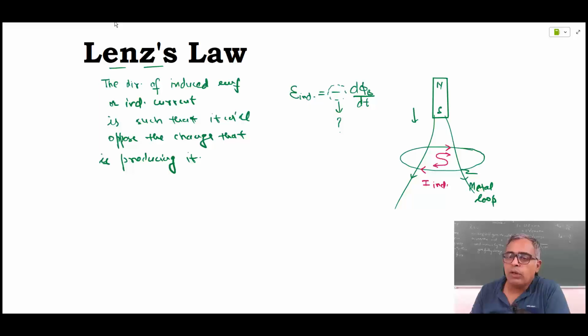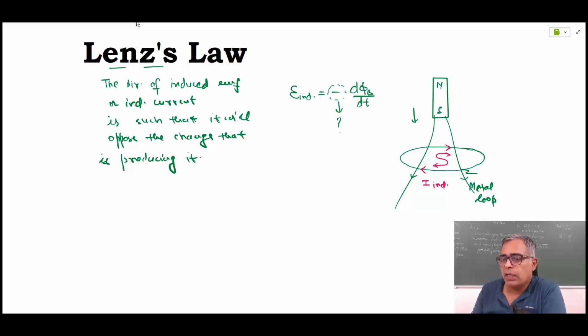So when you try to move this magnet towards the loop, due to the repulsion of the south pole you have to exert a force, and due to the exertion of this force you are basically doing work against this repulsion. When you are doing work against this repulsion, you are supplying energy to the system.